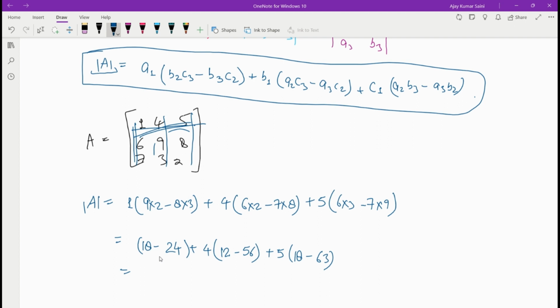Now I can subtract. 18 minus 24 is minus 6. Plus 4 into 12 minus 56, which is minus 44. Plus 5 into 18 minus 63, which is minus 45.